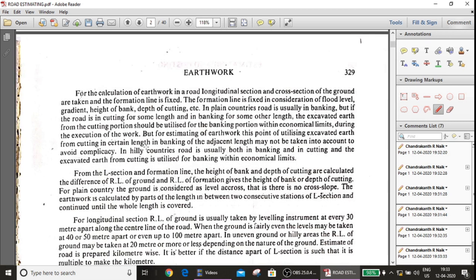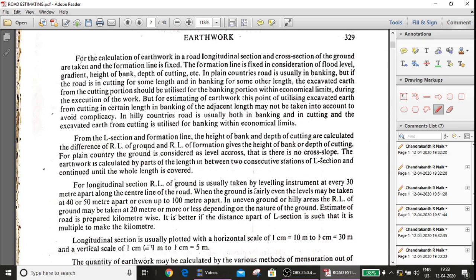Now, for the calculation of the earthwork, the longitudinal section and the cross section of the ground are taken and the formation line is fixed. What is this formation line?